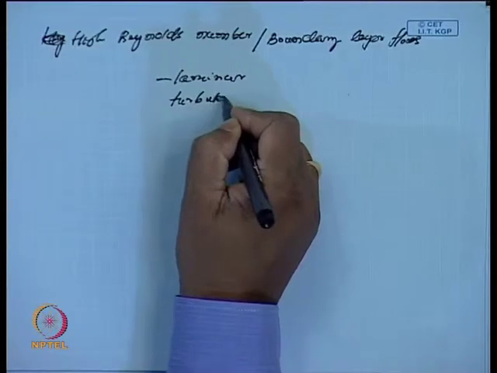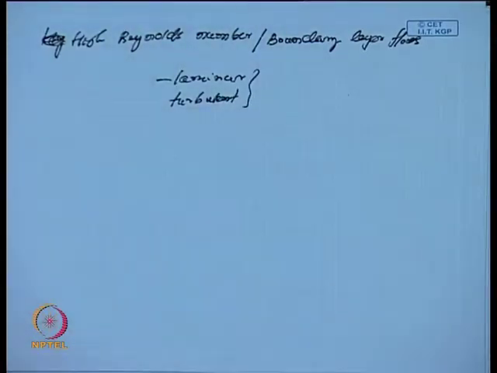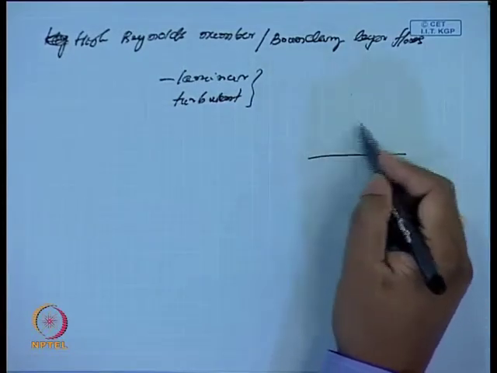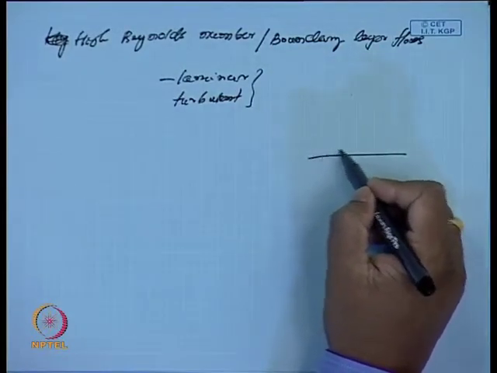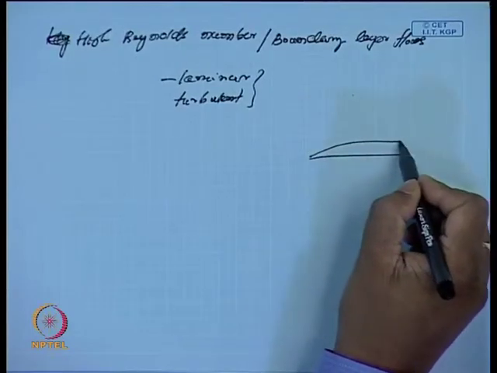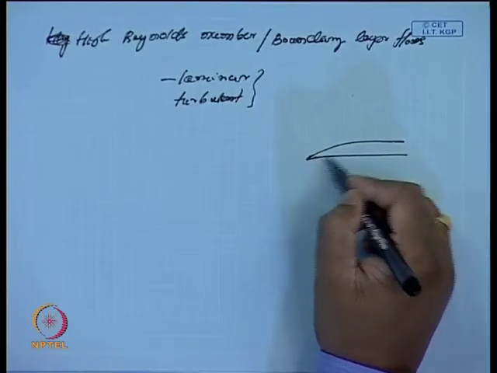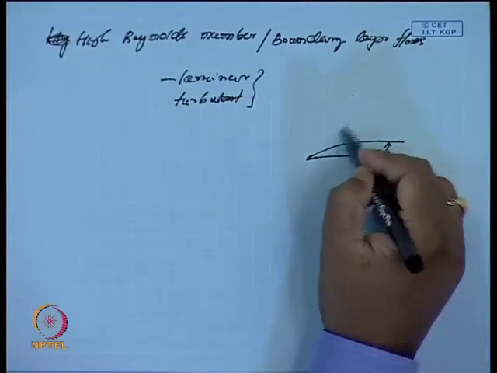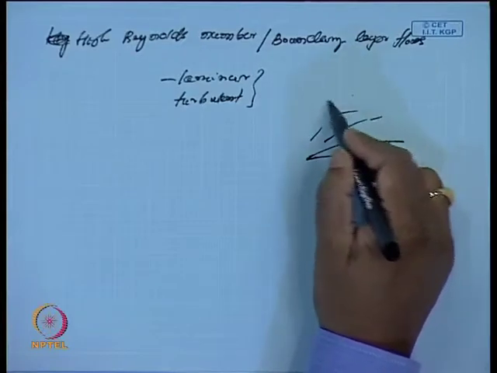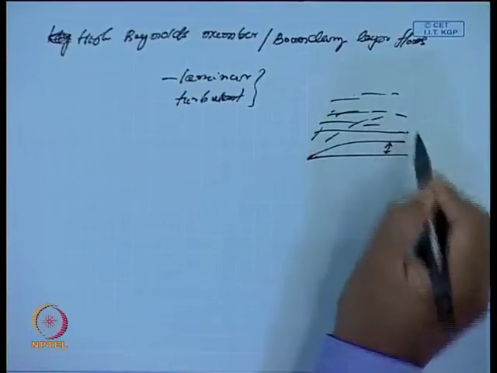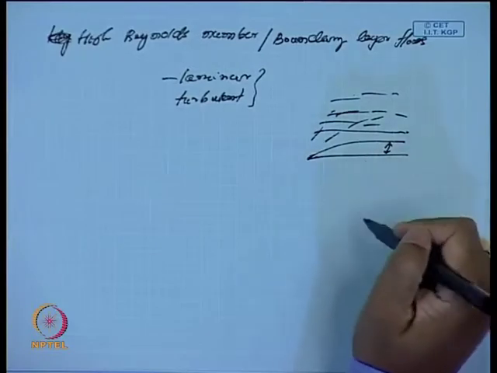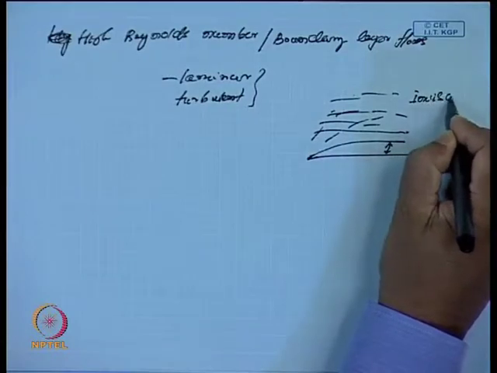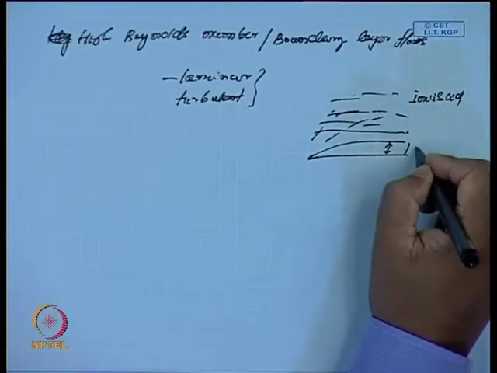But there is a class of problem where, when we have a boundary or a wall, just near the wall the flow remains viscous, and beyond this, the flow becomes inviscid, but in this region the flow becomes viscous.